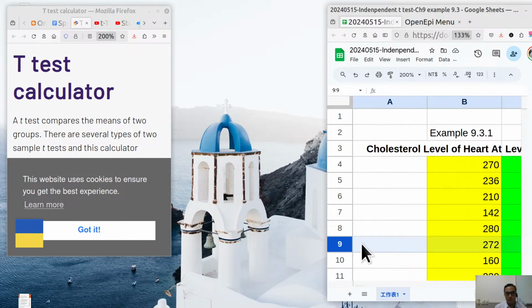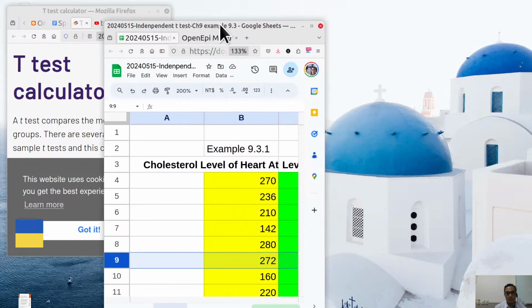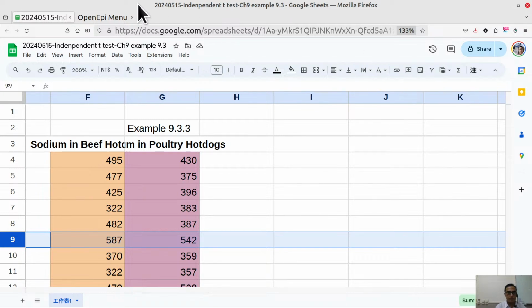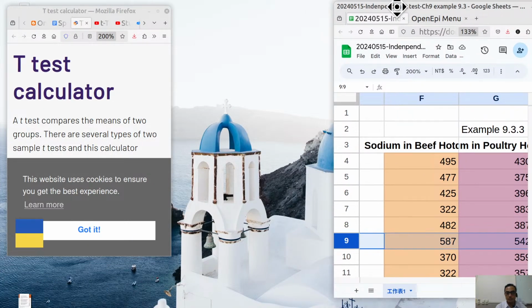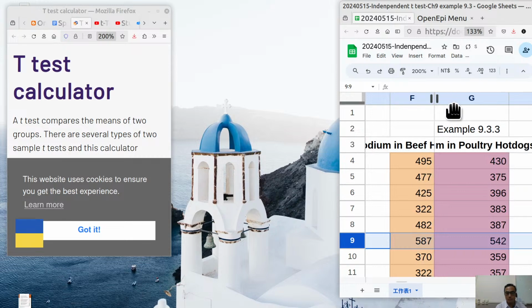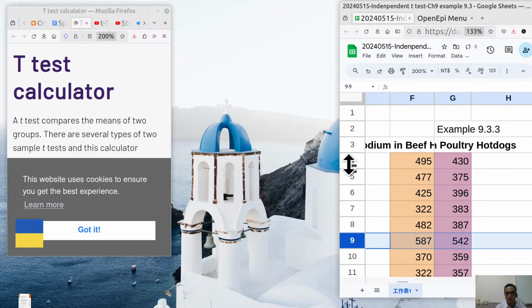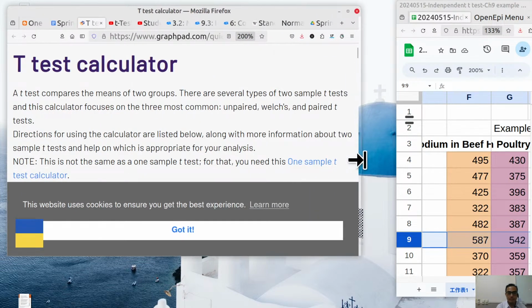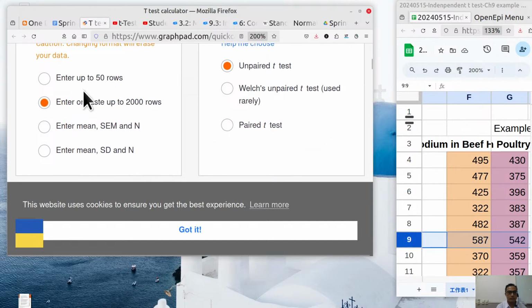Let me adjust the size of this, and enlarge the size here. And use the unpaired t-test.